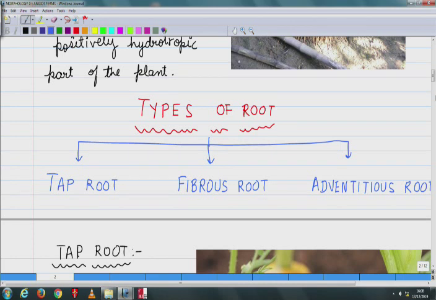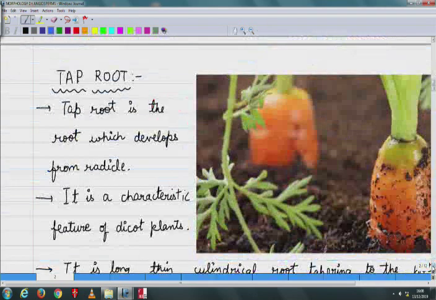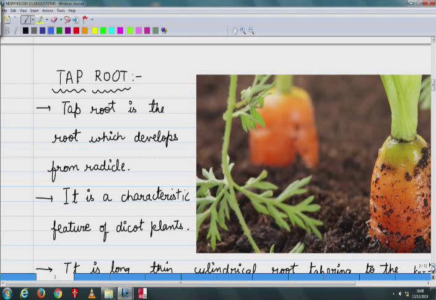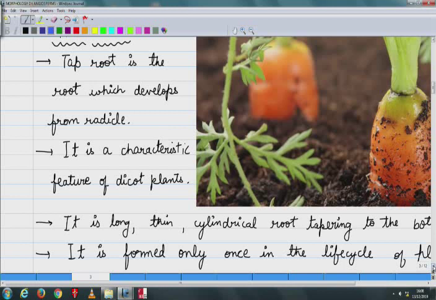Tap root develops from a radicle and is characteristic of dicot plants. It has a long, thin, cylindrical, tapering down structure.